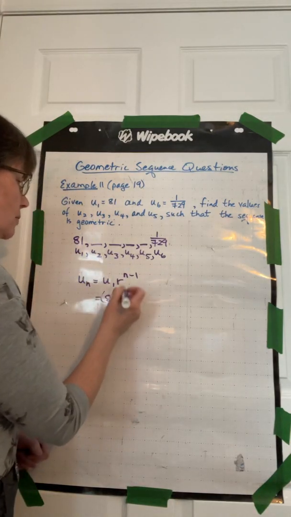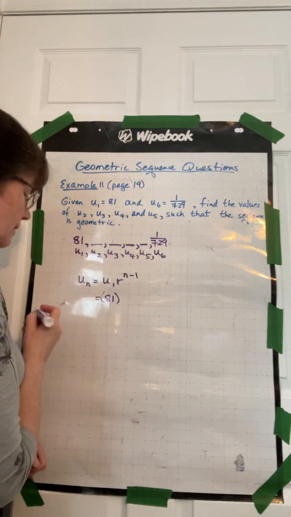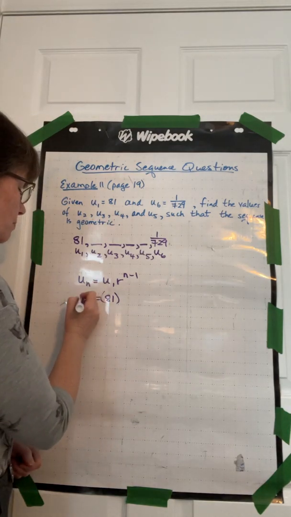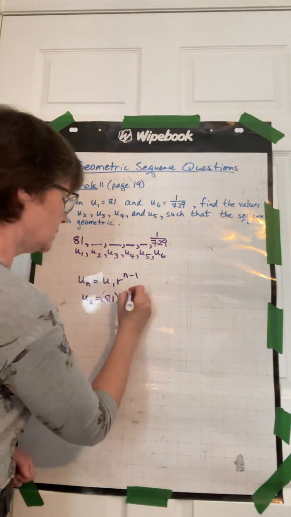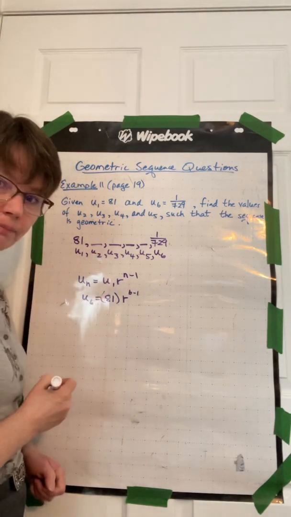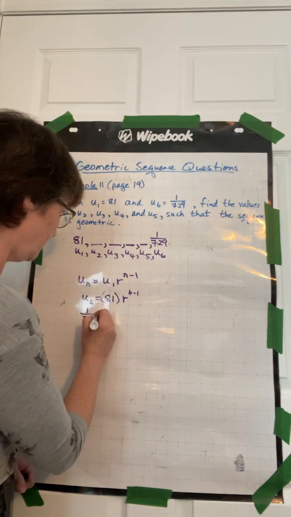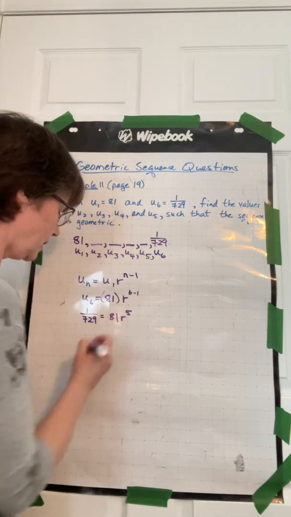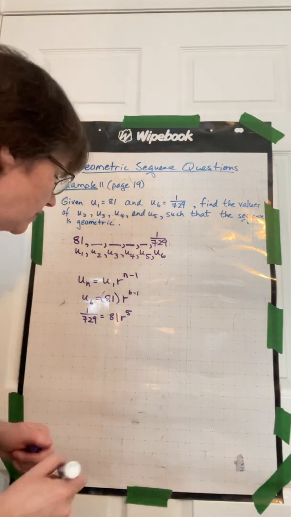And we know U6 is 1 over 729. So let's say U6 here, and therefore the exponent would be 6 minus 1. But we actually know what U6 is, so we can fill that in. And now we have 1 over 729 equals 81 r to the 5th power.